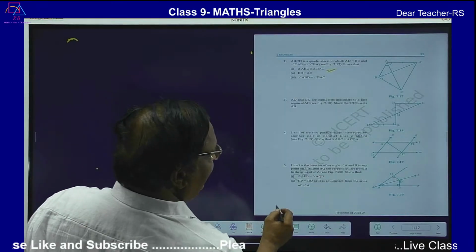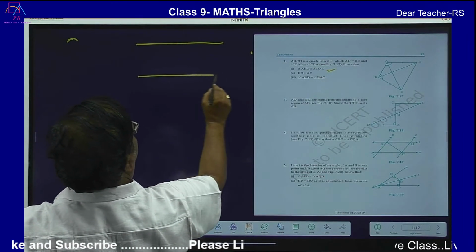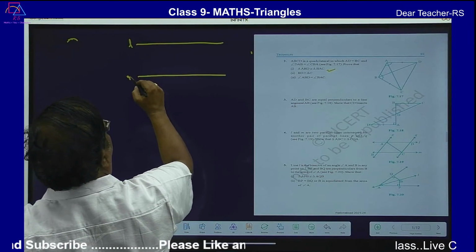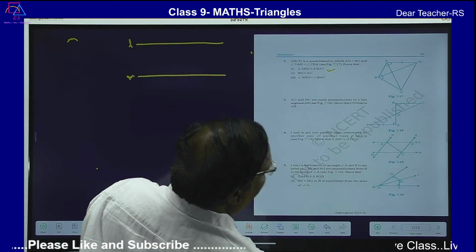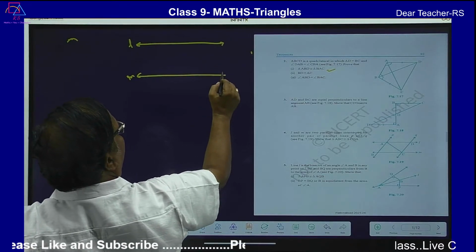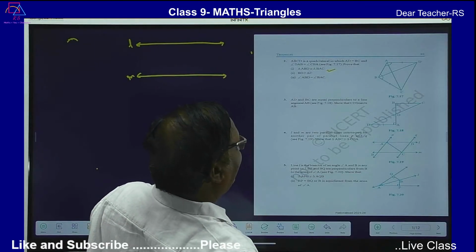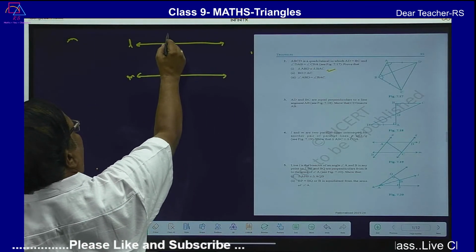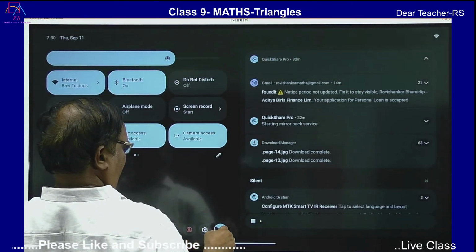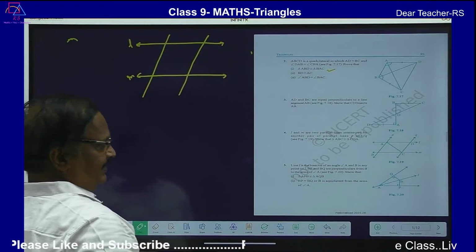L and M are two parallel lines. This is L and this is M. Arrow marks I am not going to put, L and M. Another parallel line, these two are also parallel lines.